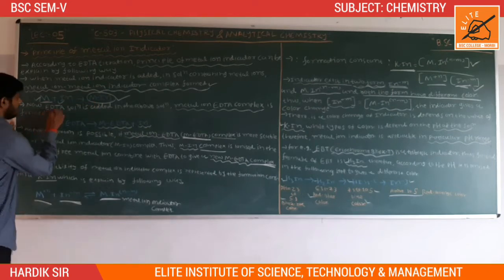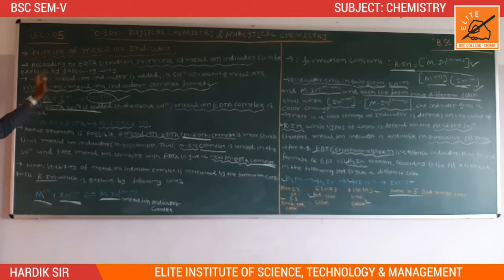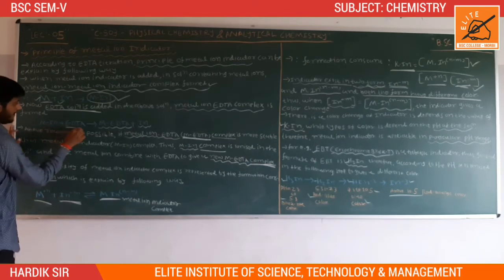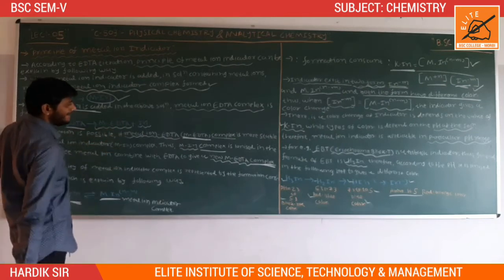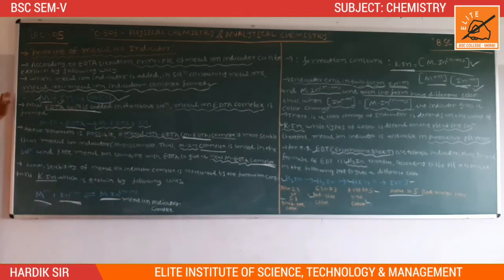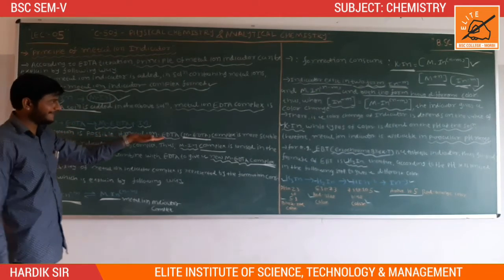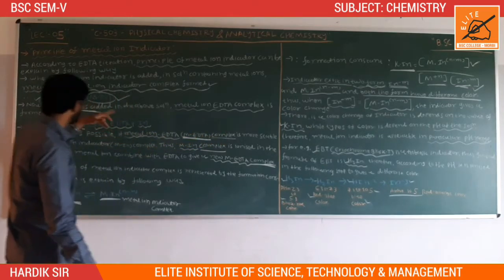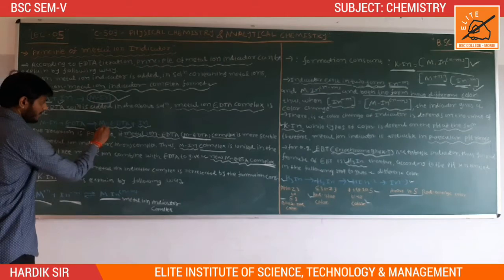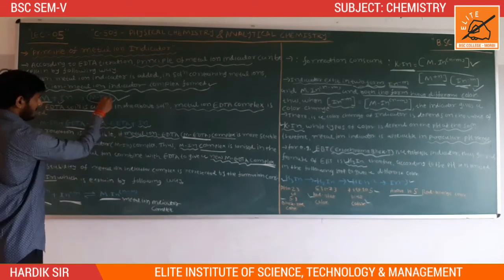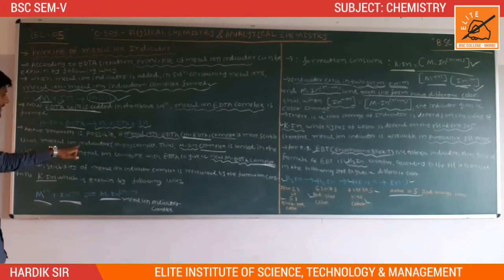Now EDTA solution is added to the above solution, and the metal ion EDTA complex is formed. This is the general reaction: the metal ion indicator complex reacts with the EDTA solution and forms the metal ion EDTA complex, and our indicator is free. The above reaction is possible if the metal ion EDTA complex is more stable than the metal ion indicator complex.